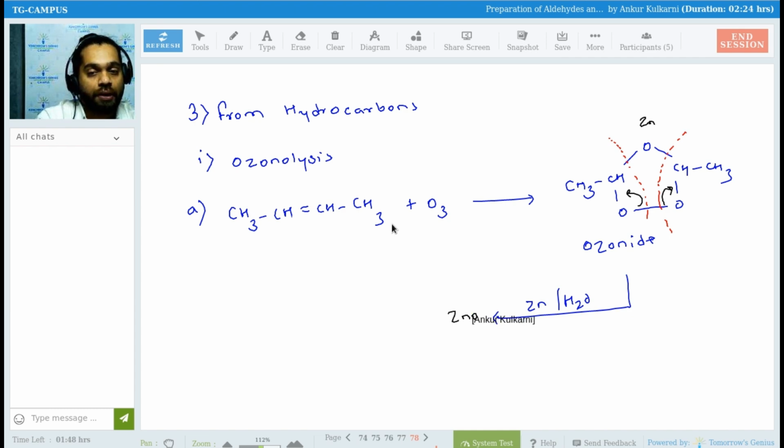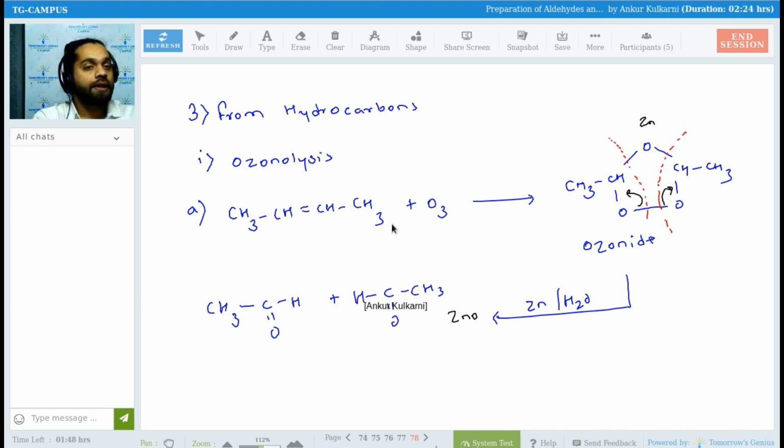So I'll get ZnO, and I will have CH3, C double bond O, H plus CH3, C double bond O, H. Are you getting it? These both are one and the same. This is your acetaldehyde or ethanal.